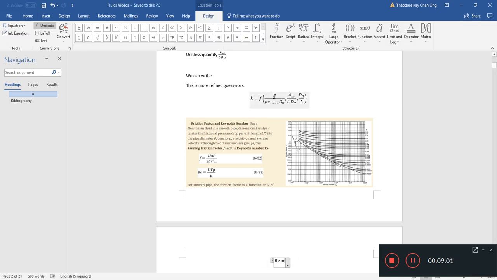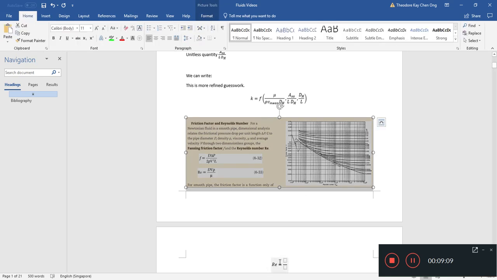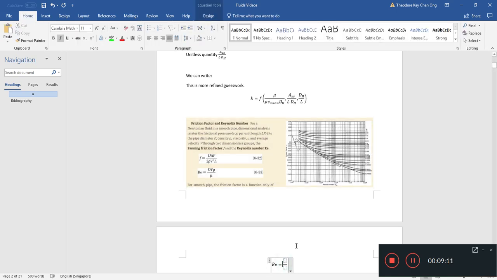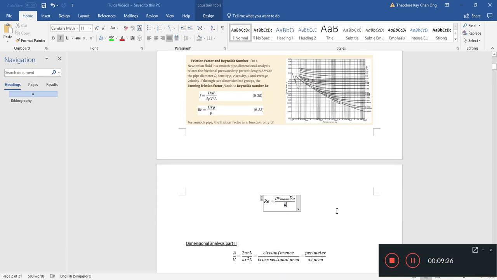And that is just equal to the inverse of this dimensionless number. So this dimensionless number is called the Reynolds number, and it's superbly important. So, rho V min dH over the dynamic viscosity.